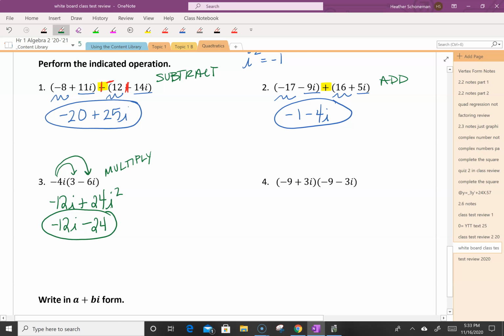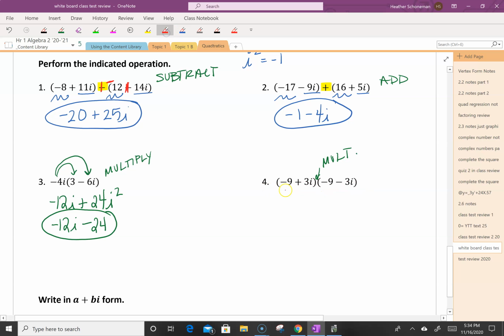On number 4, we're going to multiply. I know that we're going to multiply because these parentheses are touching, okay? Now, I do notice that on this one, the real numbers match and the imaginary numbers are the opposite sign. So these are conjugates. When they're conjugates, then I can use my shortcut.